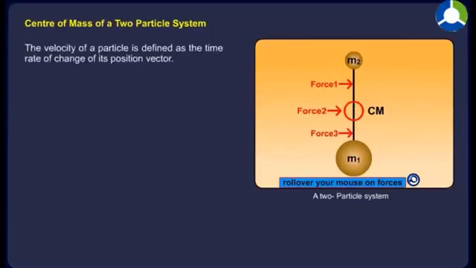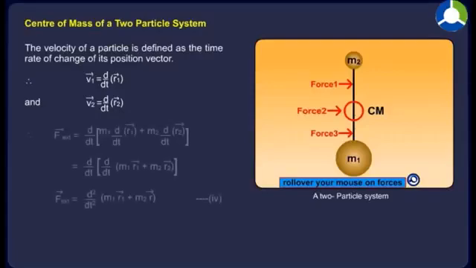The velocity of a particle is defined as the time rate of change of its position vector. Therefore, v1 is equal to d/dt r1 and v2 is equal to d/dt r2. Therefore, F external is equal to d/dt of (m1 d/dt r1 plus m2 d/dt r2).